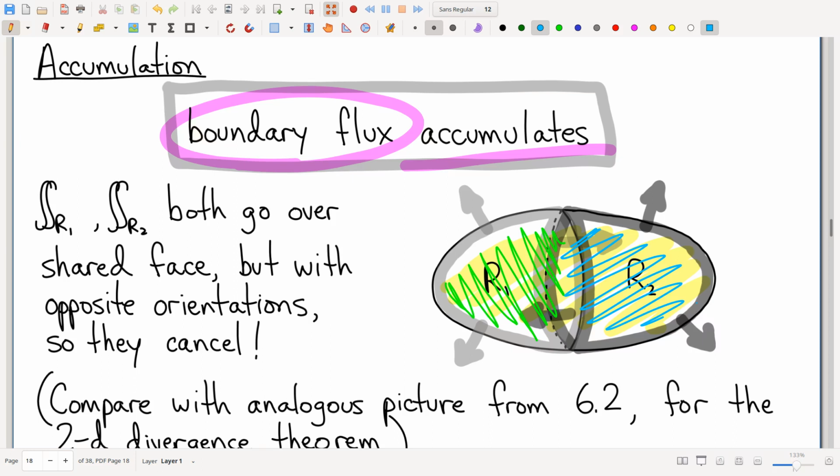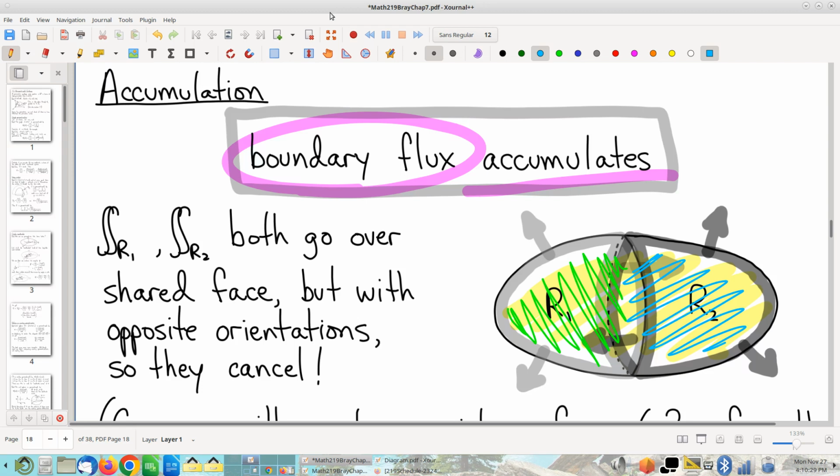In other words, is the green boundary flux plus the blue boundary flux equal to the yellow boundary flux? And this is a matter for Wednesday because we are out of time.